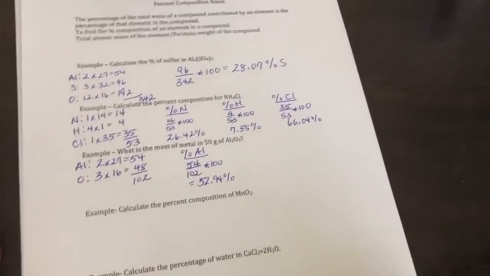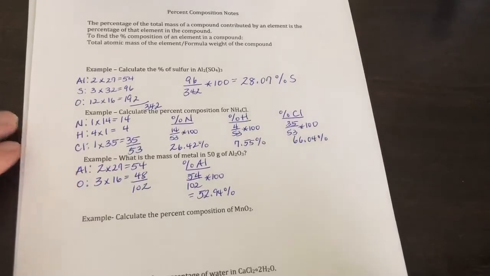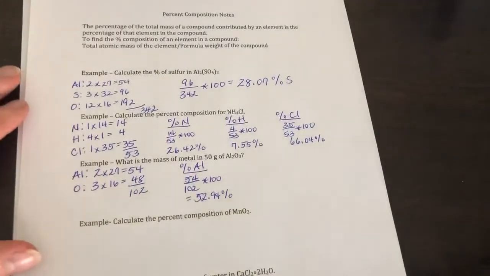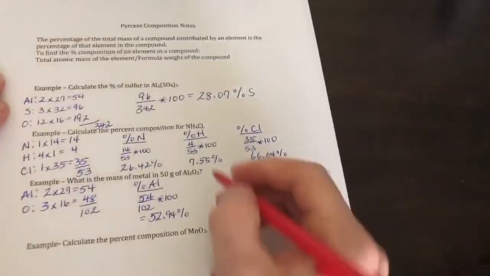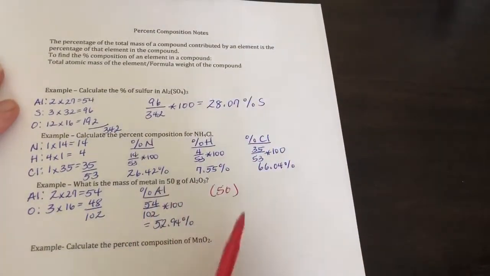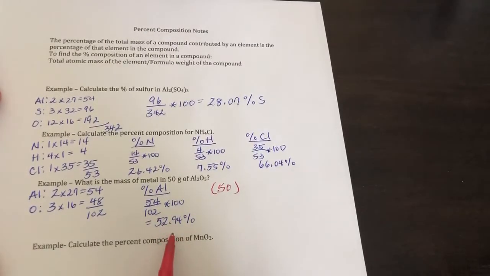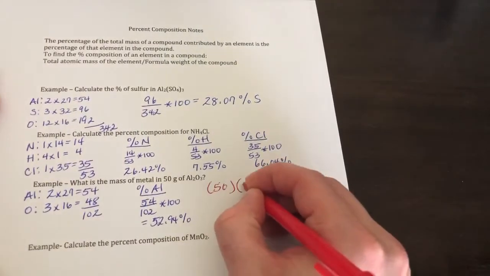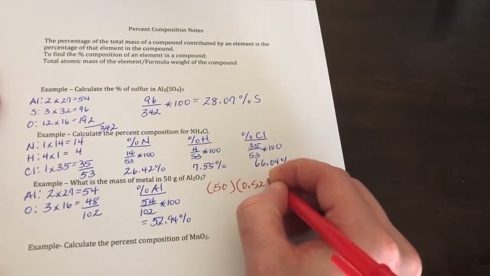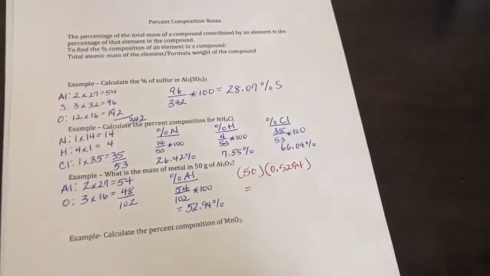Now, once we get the percentage of aluminum, we're going to multiply it by 50 grams. Just FYI, we have 50 grams of a substance, and 52.94% of it is going to be aluminum, okay? So when we multiply by a percentage, we've already done this before, you have to move the decimal place 2 places to the left, okay?